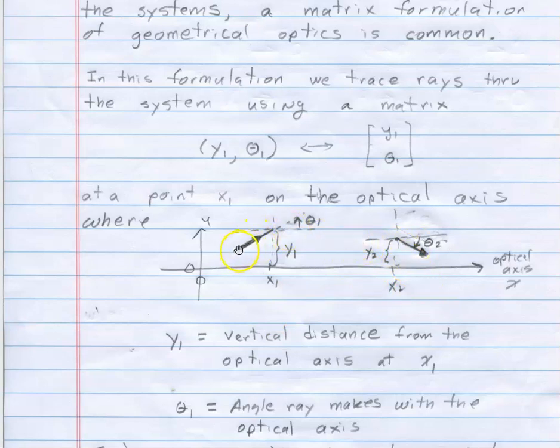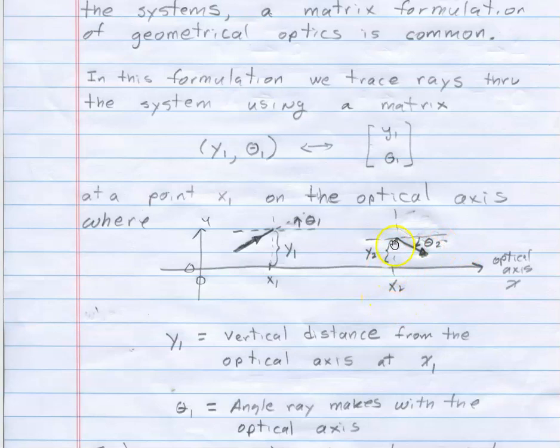We likewise look at the entry angle that the ray makes. If you have a line parallel to the optical axis, the entry angle at the point x1 is this angle, and again we measure it counterclockwise or clockwise from the optical axis. So this one has a theta 1 that's positive. Likewise, here we have a theta 2 that's negative, because counterclockwise is positive and clockwise from the optical axis is negative.